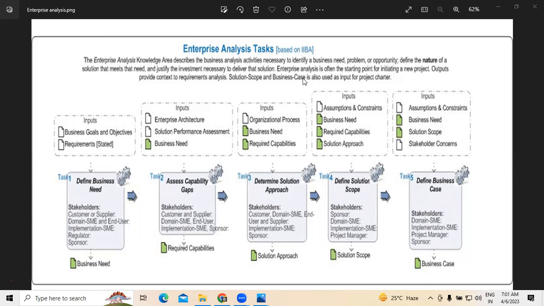So as part of enterprise analysis, if this is the knowledge area we have taken as a BA, not only do we define the business need and assess the capability gaps, the third thing is that we need to determine the solution approach. Now, can anyone tell me why solution approach is required? Why is it needed? I'm not asking what a solution is here.